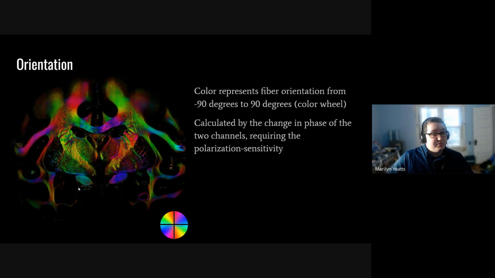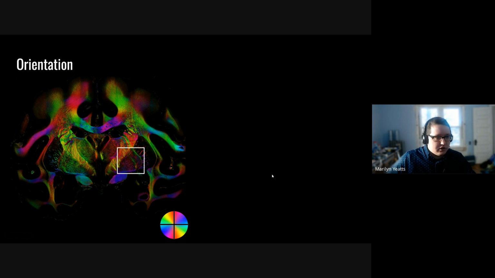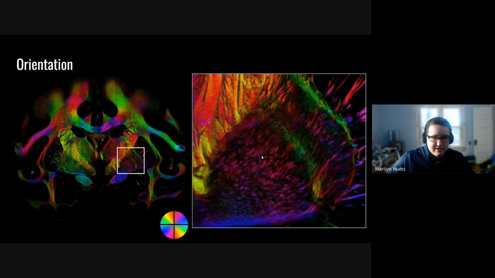So this is a nice big overview, but let's zoom in and actually see some of the power of this technique. We're going to zoom in on the globus pallidus, GPI, GPE, that's what we're looking at in this slice. You can see there's a lot of beautiful detail going in and through these areas. What's highlighted, bright in color, is white matter.